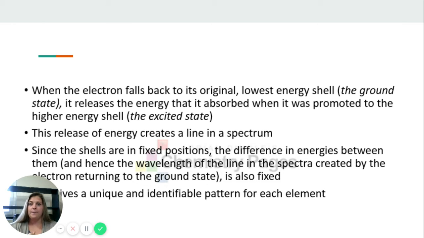Because each atom has a different positive center, the electrons are pulled on with different amounts of energy, which is what makes every element have a different line spectrum. Elements are going to release different colors of light, because a +4 center is going to have a different attraction to your electrons than a +10 center.